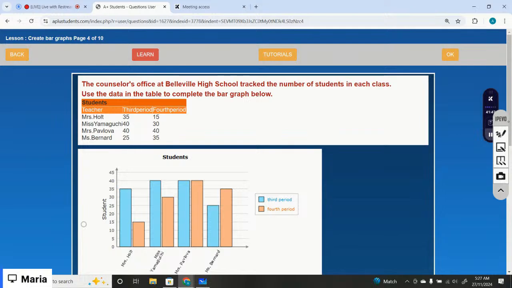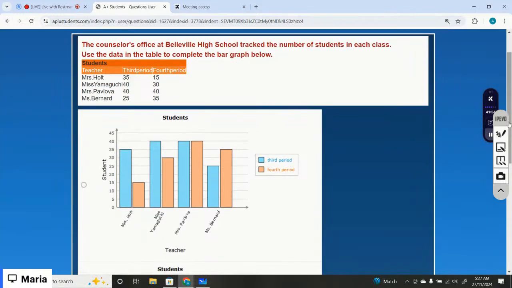The counselor's office at Belleville High School tracks the number of students in each class.